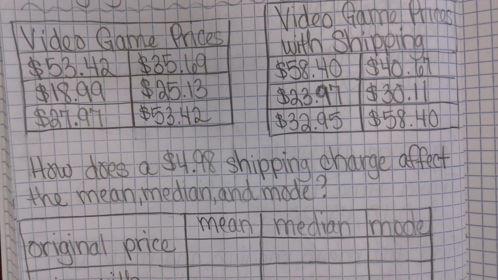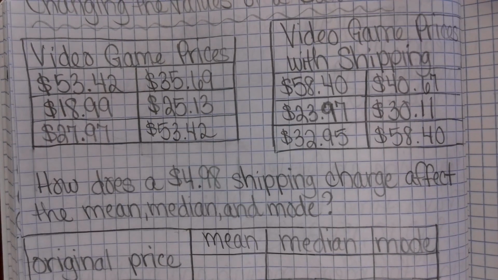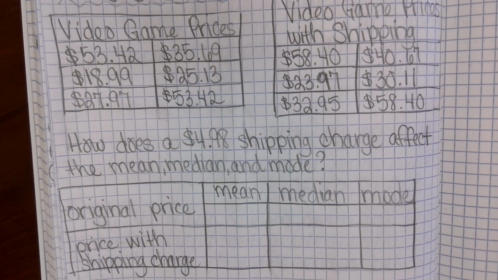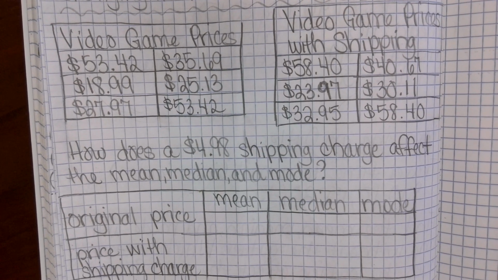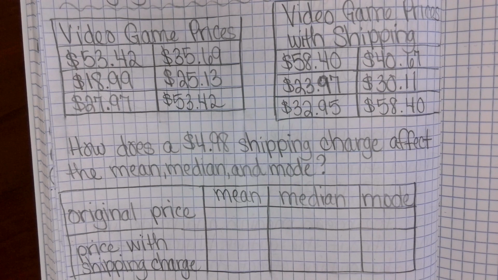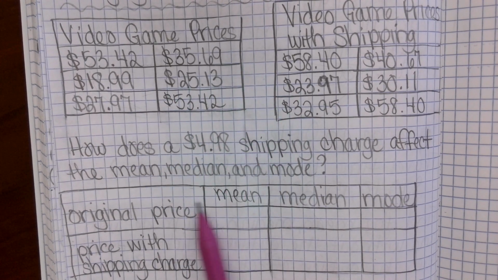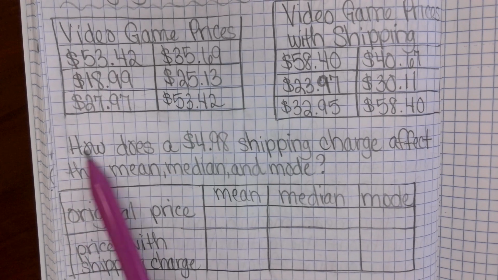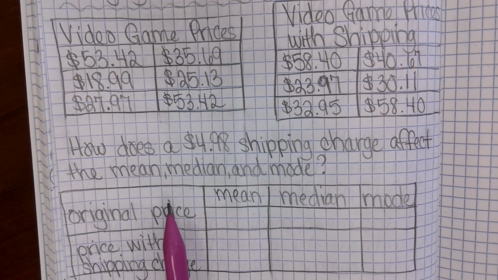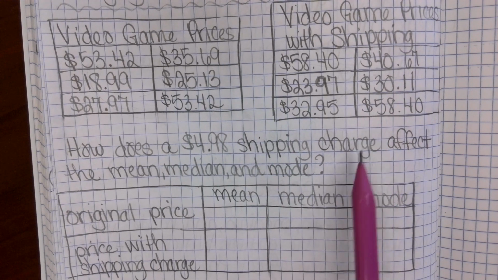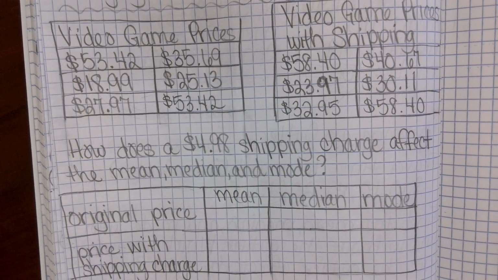At any time, remember, you can pause the video to write down what you need to write down. So you don't necessarily have to worry about writing this down, but maybe you're probably going to want to do this because that's what I'm asking you. I want you to tell me, how does this $4.98 shipping charge affect the mean, the median, and the mode?